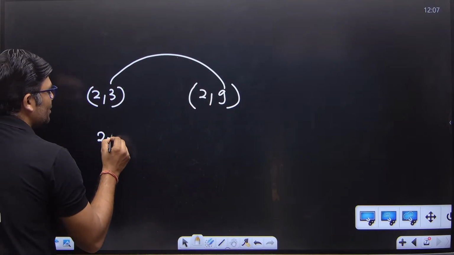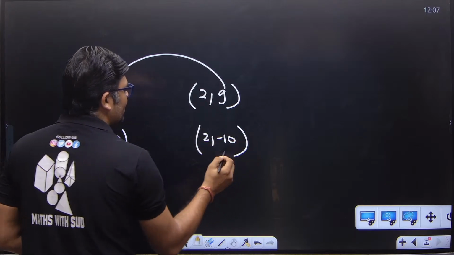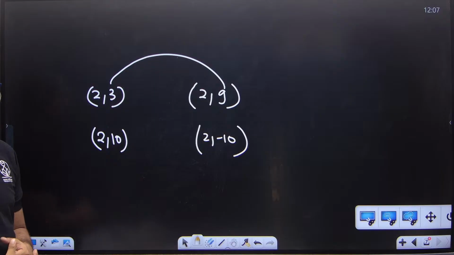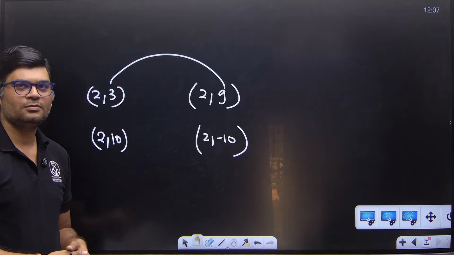Let us suppose one of the points is 2 comma 10. Another point is 2 comma minus 10. Can you tell me what is the distance between the 2 points immediately? 20. Wonderful.